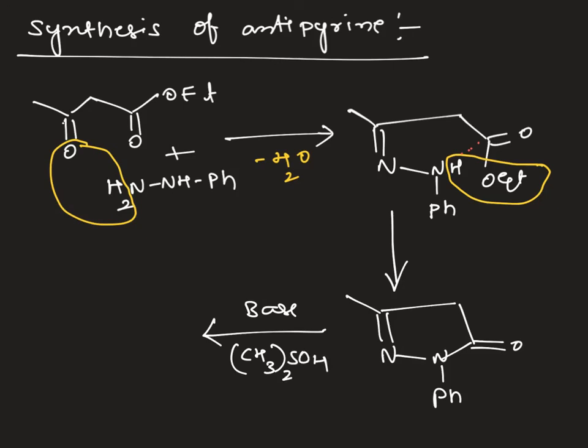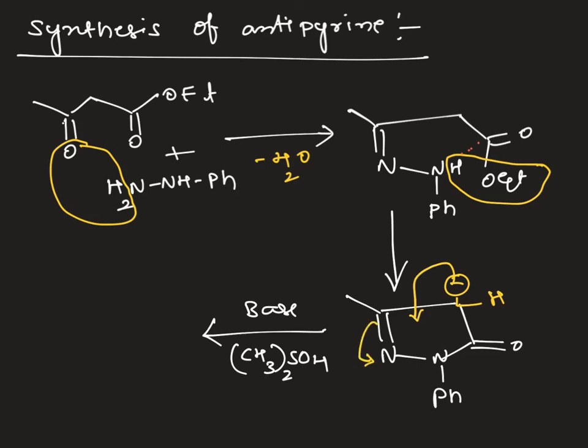Here there are two hydrogens, and these two hydrogens are acidic in nature. Whenever we add a base, it abstracts one of the hydrogens, which generates a negative charge here. This negative charge undergoes delocalization and comes to the nitrogen.